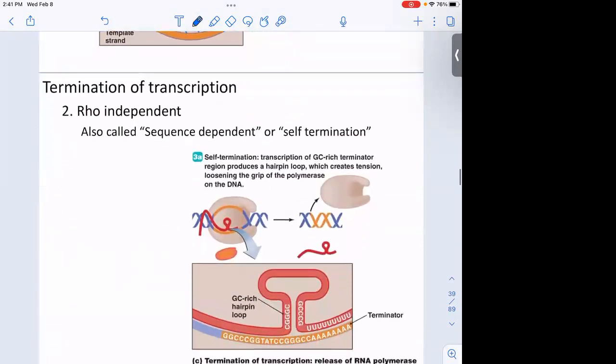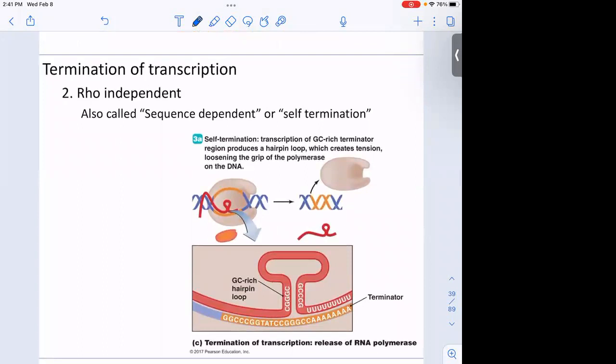And the other way does not involve the Rho protein. So we'll call it Rho independent. Another way to say that, we also call this sequence dependent, or even sometimes you hear it called self-termination. So again, we got a lot of different names for the same thing. But basically this involves when in the DNA sequence written into it, there's some inverted sequences.